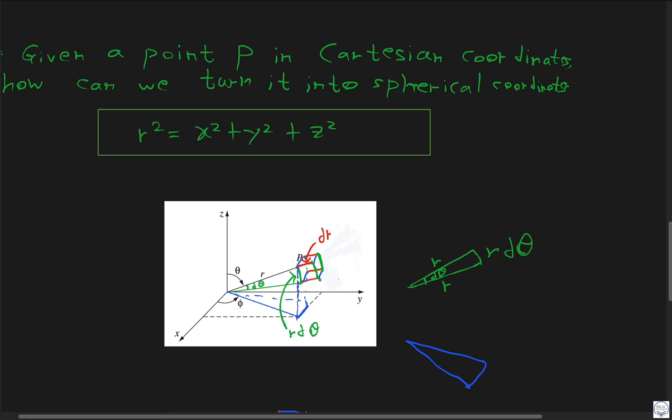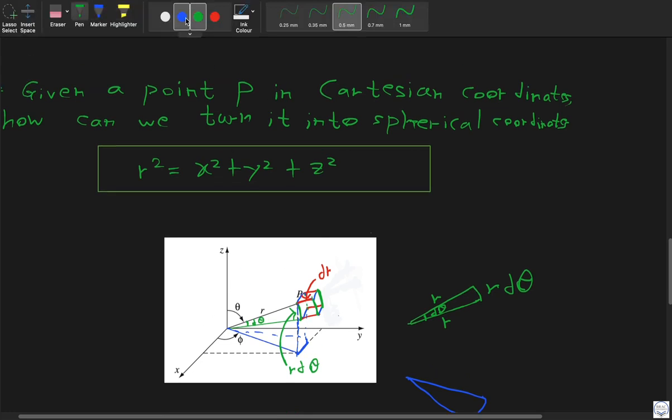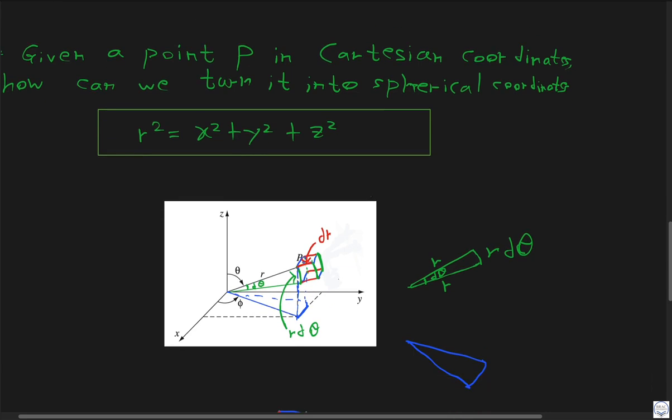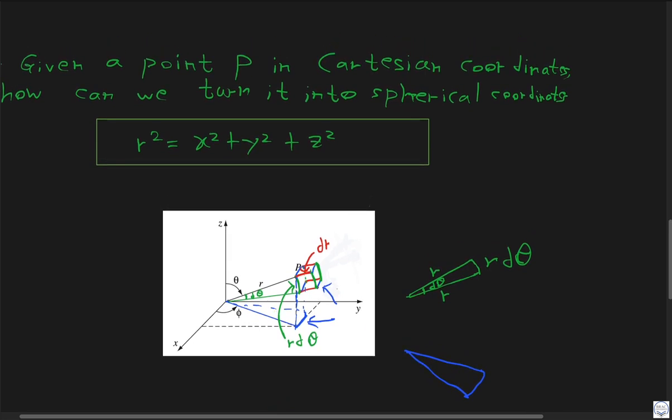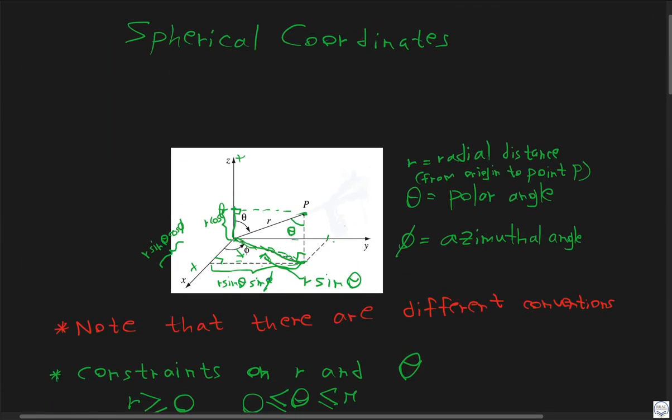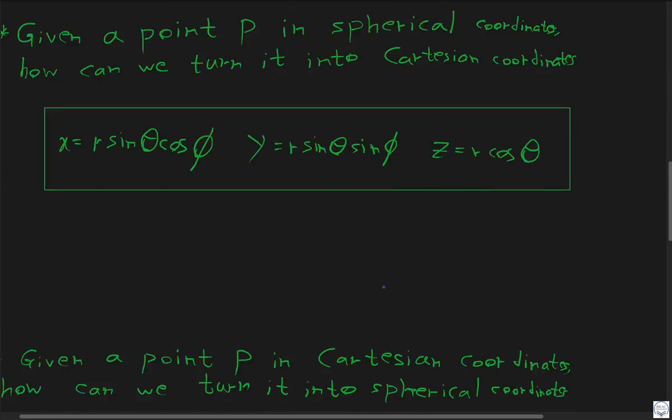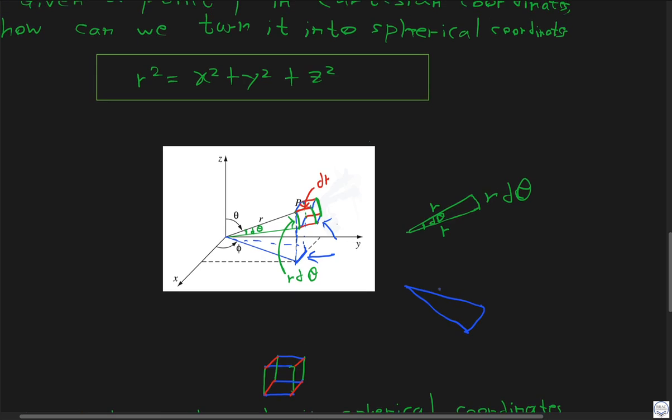Next we have the blue side. The blue side, this one is actually the same thing as this one. So we'll look at the xy plane because it's cleaner over here. We know that the projection on the xy plane is r sine theta, as we've shown here. So we have r sine theta here.